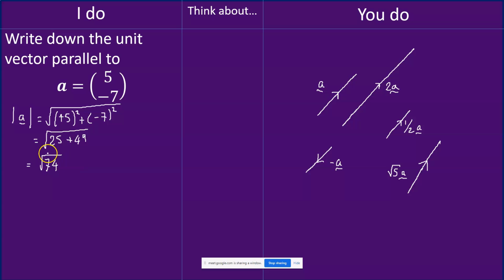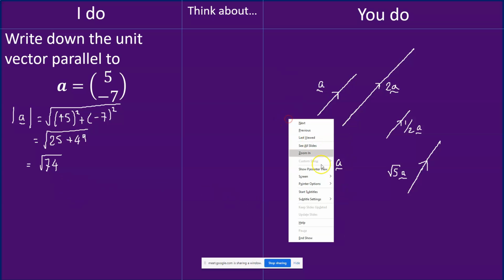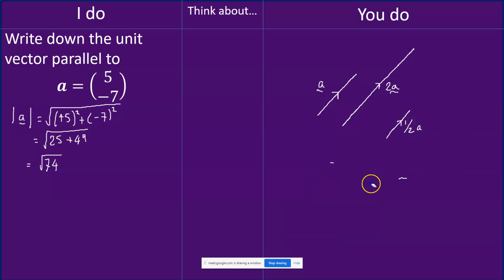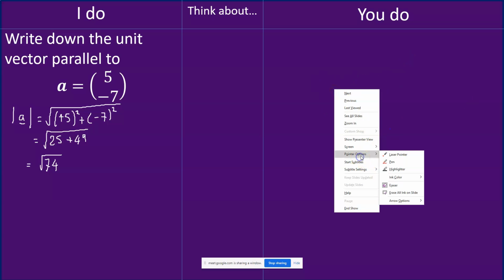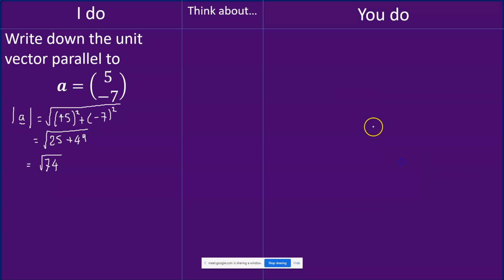Okay, so let's just think about this logically for a second. I'm just going to clear this over on the right hand side here, because this is quite a difficult thought process to go through. But I'll try and explain it as best I can. Right, so what we've got here is A, which is 5, minus 7. So A is 5 across, 7 down. So A is something like this.